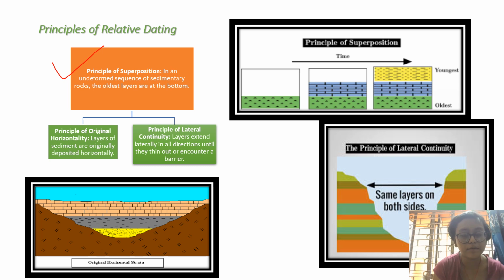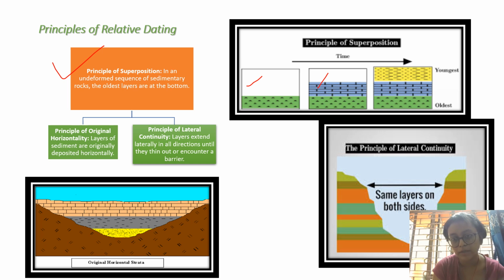So, the principle of superimposition. What is it? It basically tells us that in a sequence of sedimentary rocks, the oldest layer is at the bottom. If you look at this image, in the green section you can tell that this is the oldest one. Over time, the second deposition occurs.